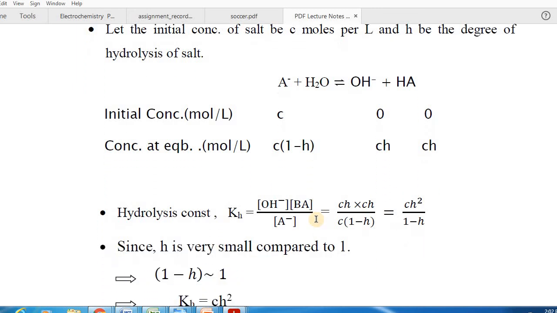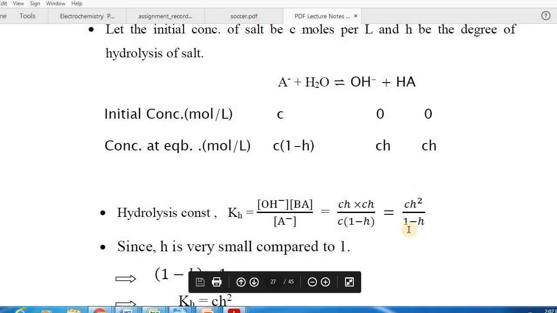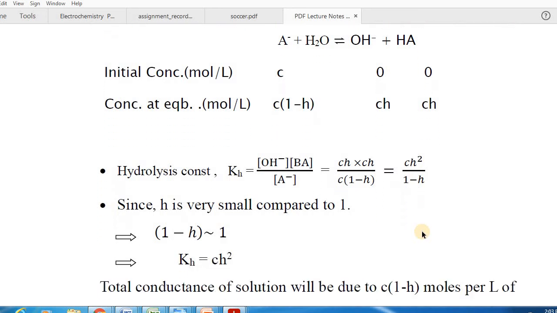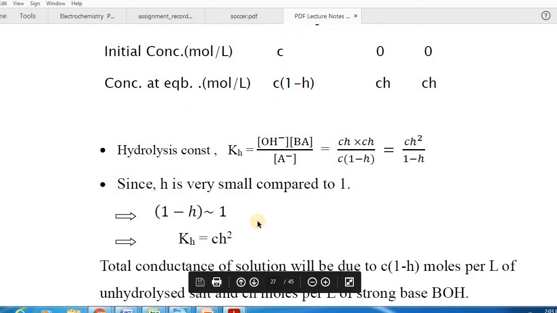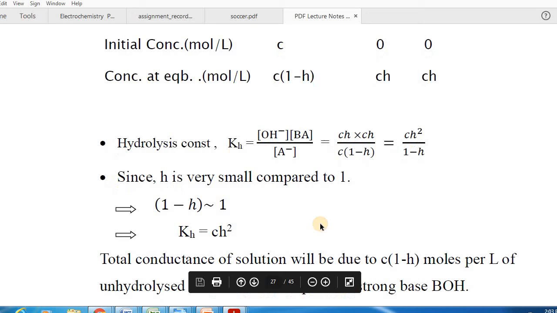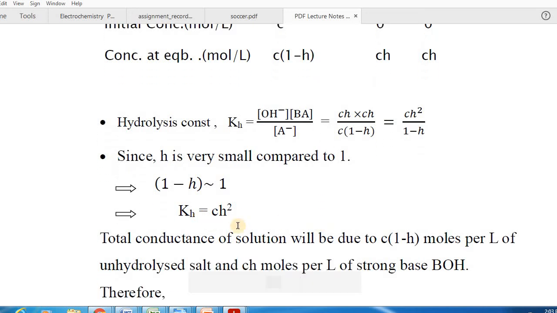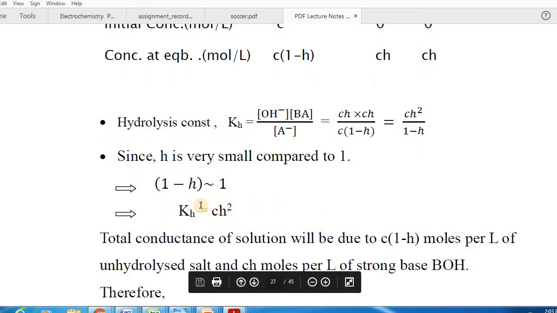So the hydrolysis constant comes out to be Ch square divided by 1 minus h. Now as the degree of hydrolysis is very small compared to 1, we can put KH approximately equal to Ch square. Thus, by knowing the value of h, we can find the value of KH, the hydrolysis constant.